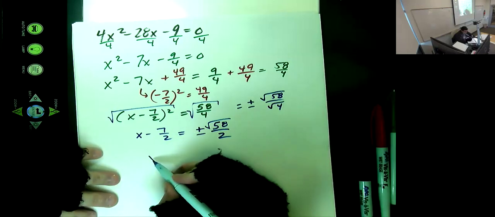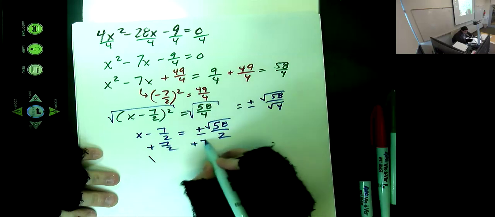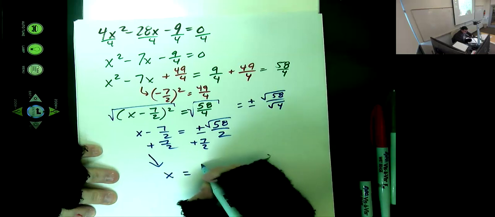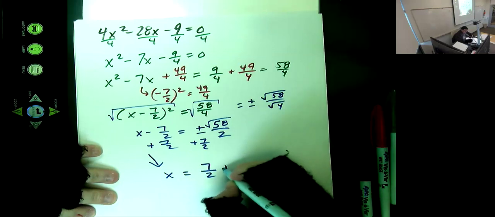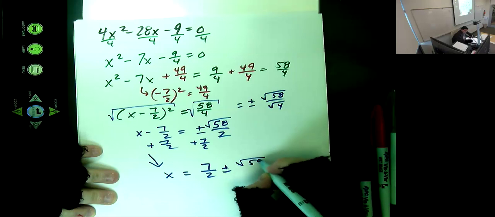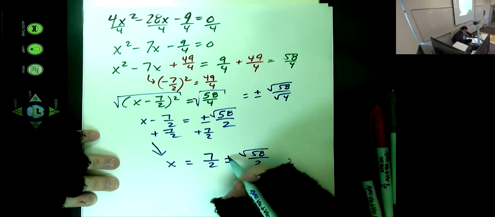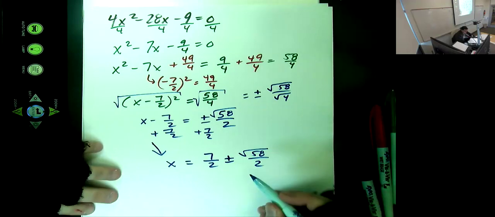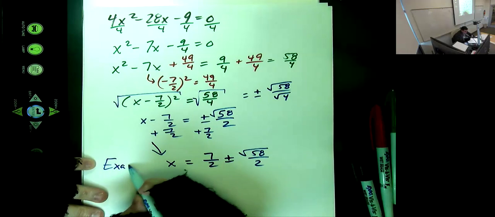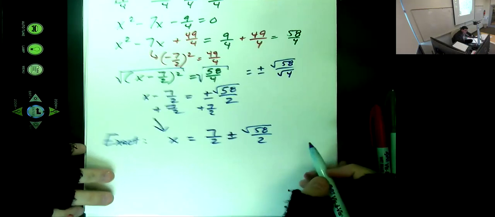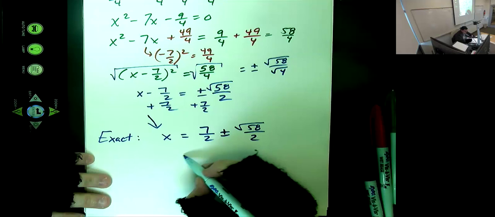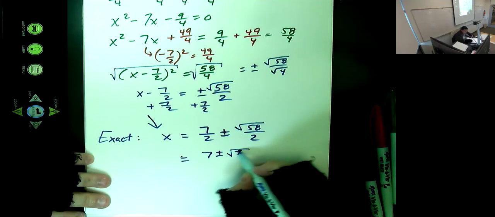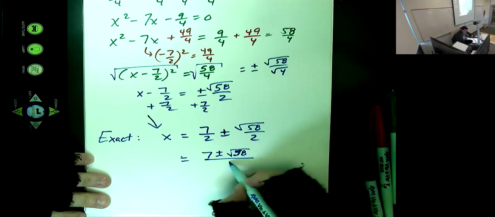So the exact answer, adding 7/2 to both sides, x equals 7/2 plus or minus square root of 58 over 2. So that's an exact answer. You'll also see it in the form 7 plus or minus square root of 58 over 2 that way.